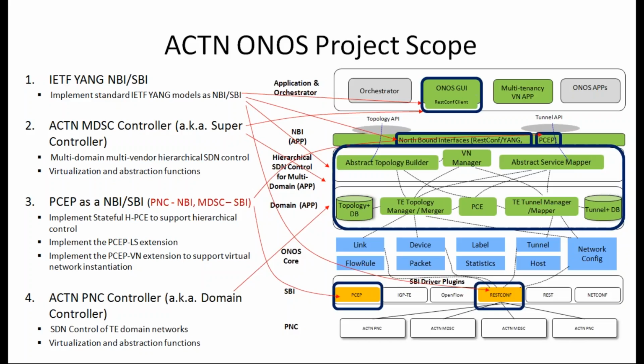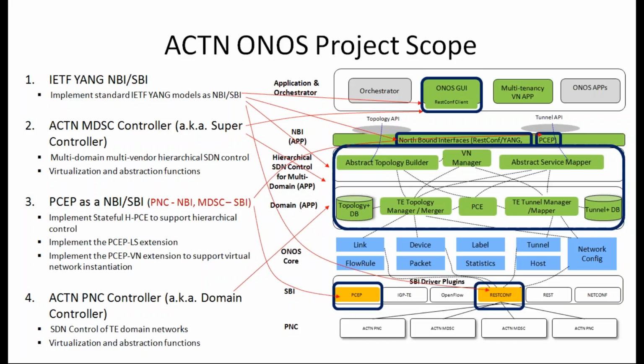Second is the business logic for the supercontroller, called the MDSC, Multi-Domain Service Orchestrator in the standard, which implements multi-domain, multi-vendor hierarchical SDN control, as well as virtualization and abstraction functions. This piece of work will be implemented as a set of apps running on top of the ONOS core.